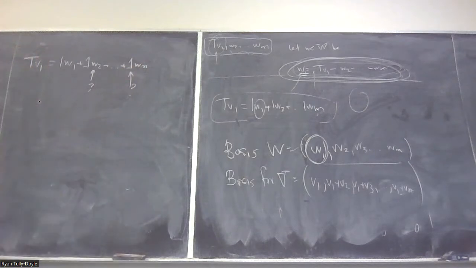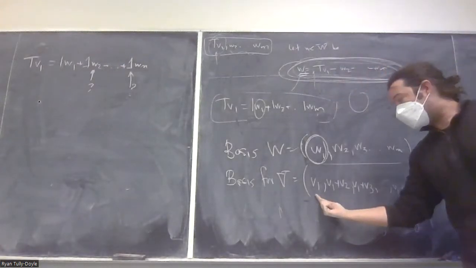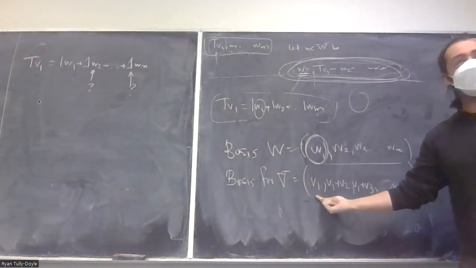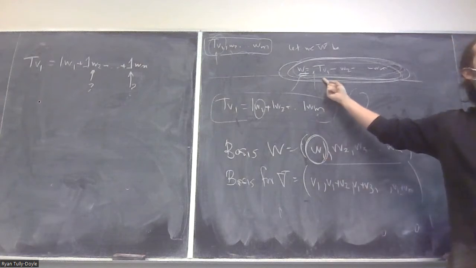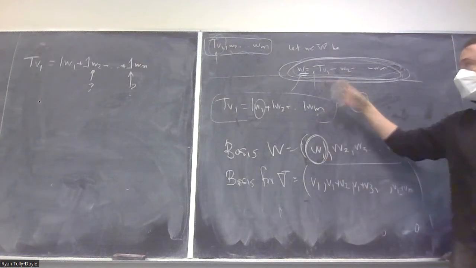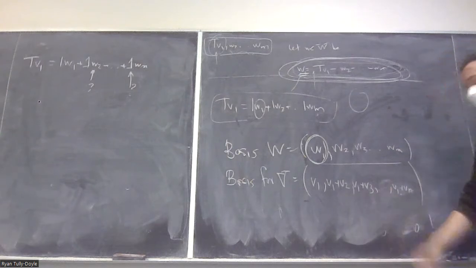Because in your construction, I see what you're doing here. What you're doing is you're trying to force it to be the case that every basis vector has a V1 inside of it. Because if every basis vector has a V1 inside of it, that means this TV1 is going to fall out all over the place. Every expansion is going to have a V1 inside of it. This has a V1 inside, this has a V1 inside, this has a V1 inside, and so on.